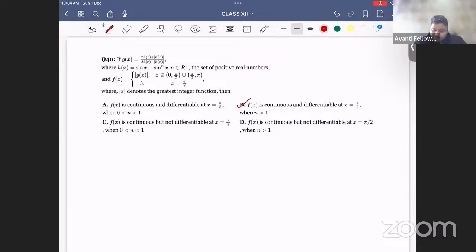Gx is (2hx plus mod of hx) upon (2hx minus mod of hx). Hx is given as sin x minus sin x to the power n. This is a very popular question.